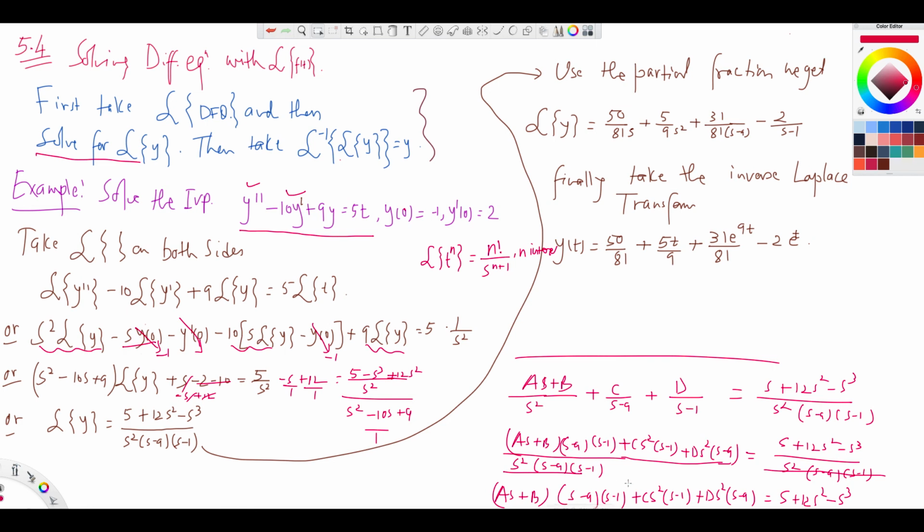All right guys, so how do we proceed after this? We select different values of s, right? Suppose you take s equals 0. If you take s equals 0 on the left side and right side, what do you get?